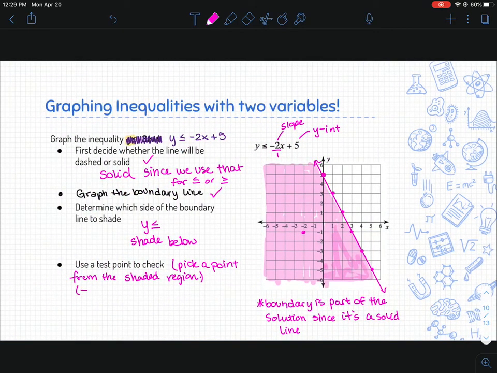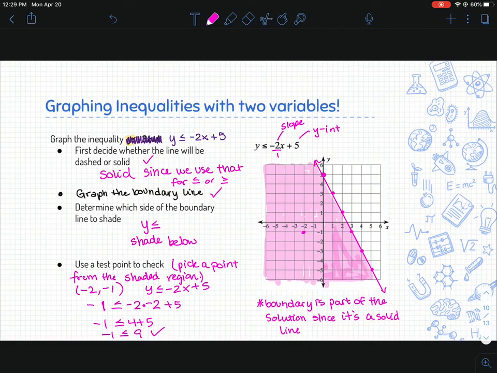Remember your inequality is y is less than or equal to -2x plus 5. -1 is less than or equal to -2 times -2 plus 5. -1 is less than or equal to 4 plus 5. -1 is definitely less than or equal to 9.